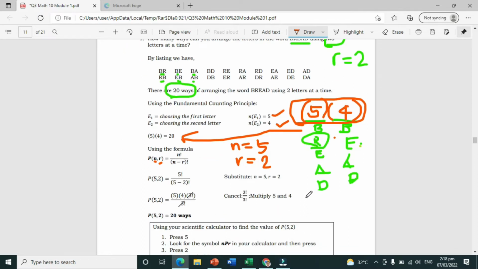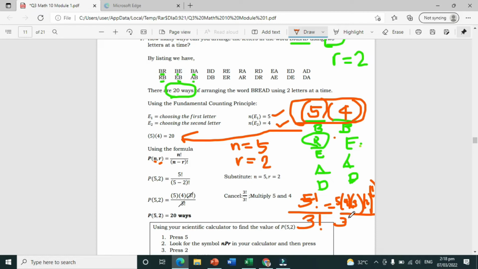So, actually, pwede itong 5 factorial over 3 factorial. So, take note na 5 factorial is 5 times 4 times 3 times 2 times 1 over yung 3 factorial is 3.